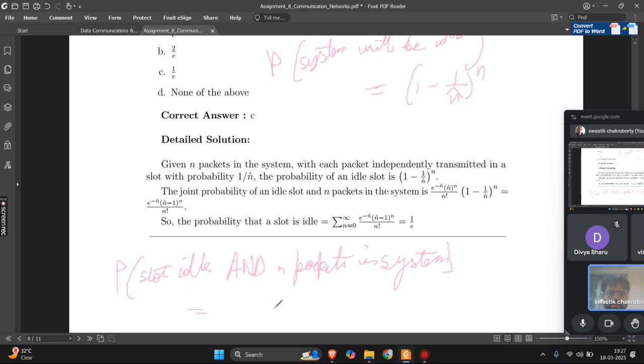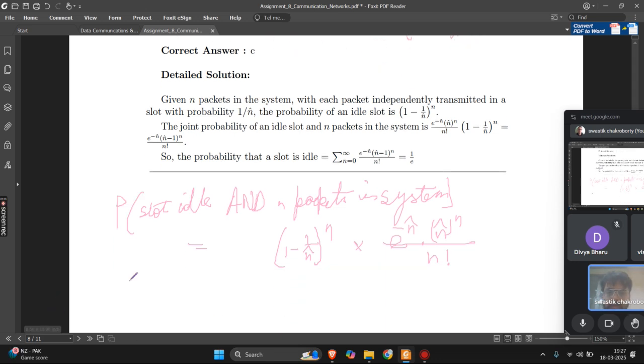One is the slot being idle, which has a probability of 1 minus 1 by n hat to the power n, as is derived. Next is the probability that there are n packets in the system. So since it's Poisson, the probability is e to the power minus n hat, where n hat is the mean, n hat to the power n by n factorial.